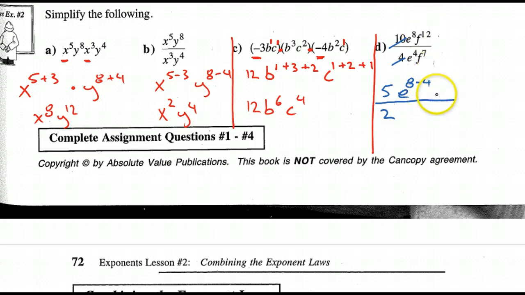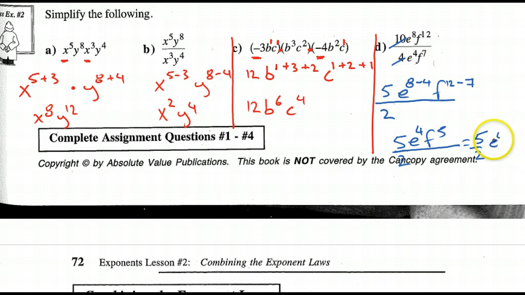And then I have 12 f's minus 7. So your final answer is 5 over 2 e to the 4 f to the 5. Remember, you can always rewrite this as 5 over 2 e to the 4 f to the 5. That means the same thing there.